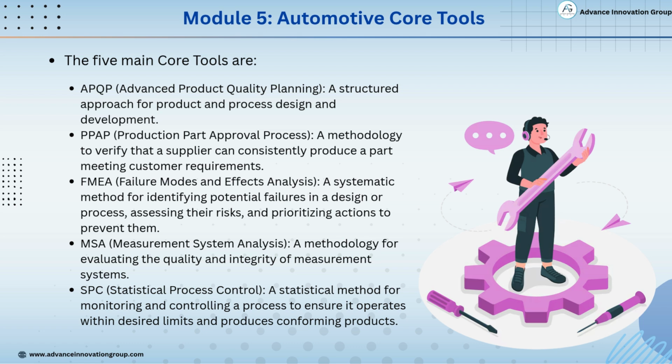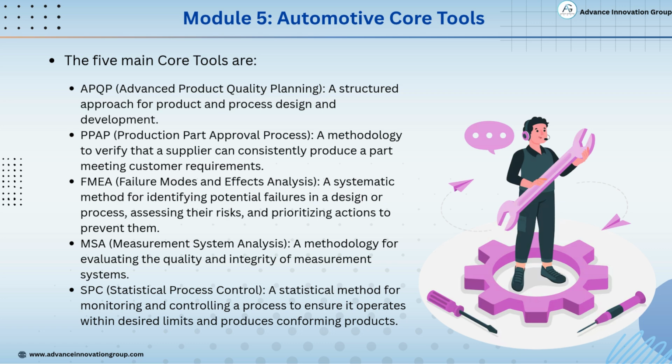This tool is used for structured planning of product and process development. It ensures quality is built into the design from the beginning. 2. PPAP, Production Part Approval Process. This helps verify that the supplier can manufacture parts consistently meeting customer requirements before mass production begins.